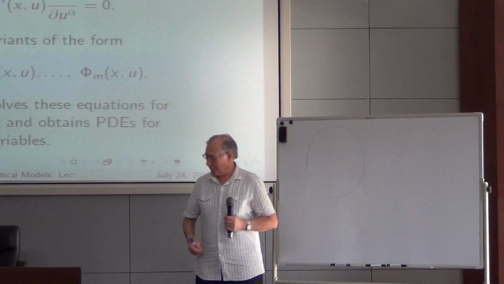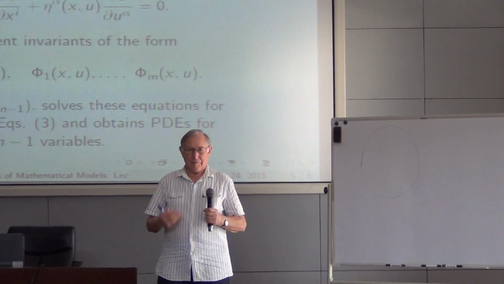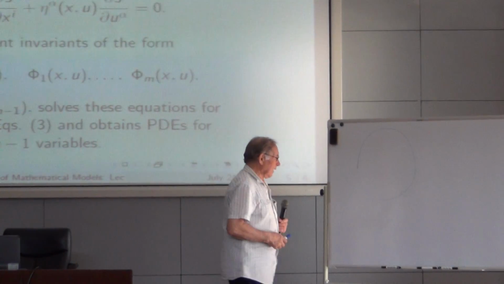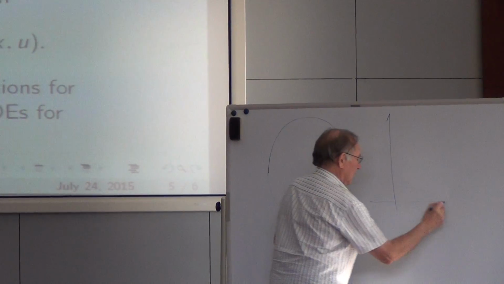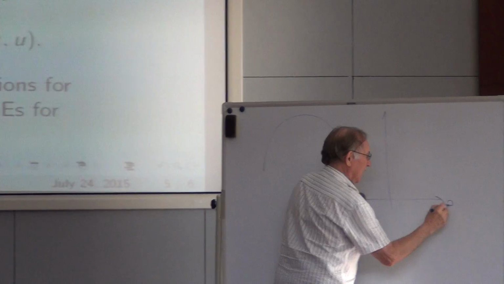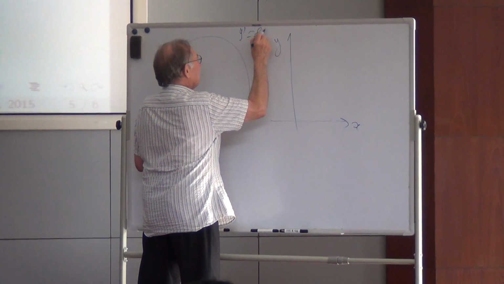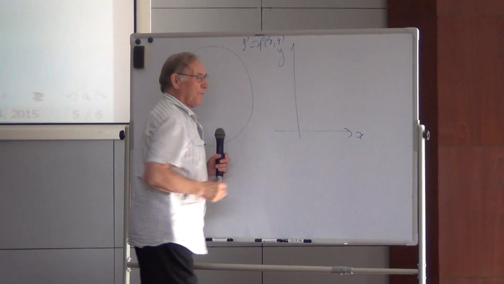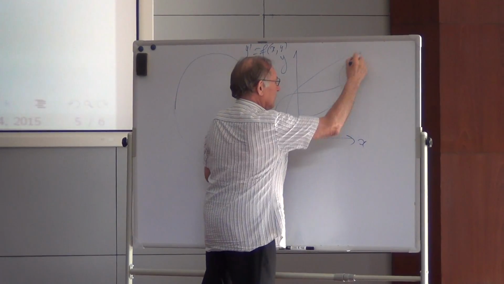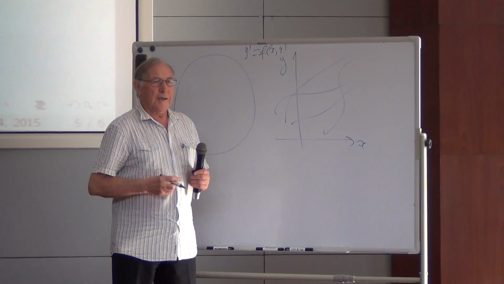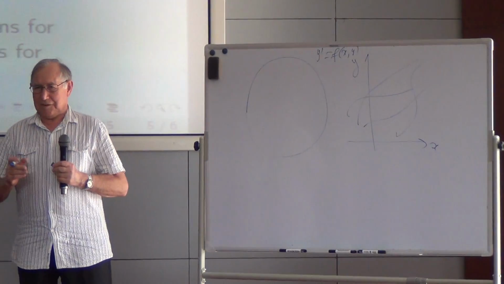Now, there are so many of them, and the equation is describing certain natural phenomena. Here you have x and y, and say the equation is y prime equals f of x and y. So you have many, many curves here. And what happens?